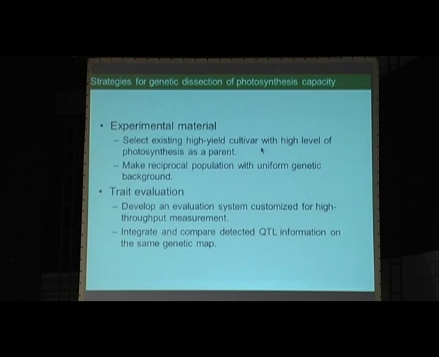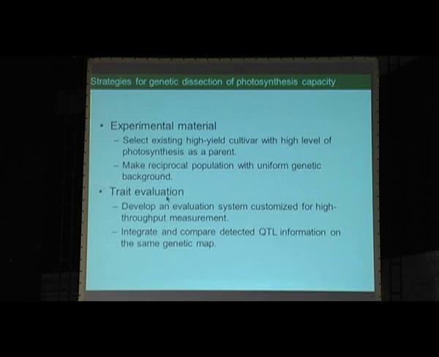In order to carry out genetic dissection of photosynthesis successfully, we consider the following two aspects. From the point of experimental materials, we should use an existing high-yielding cultivar with a high level of photosynthesis as a parent, and a reciprocal experimental population with uniform genetic background is preferable.